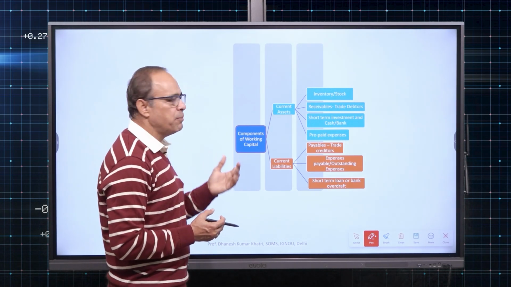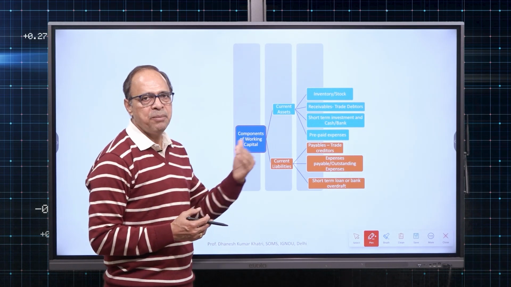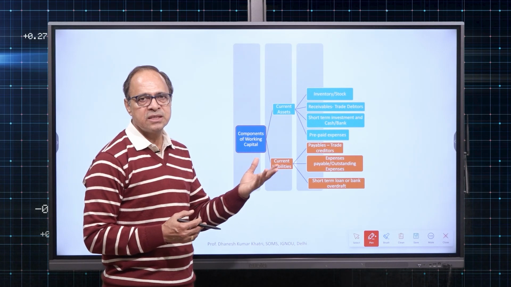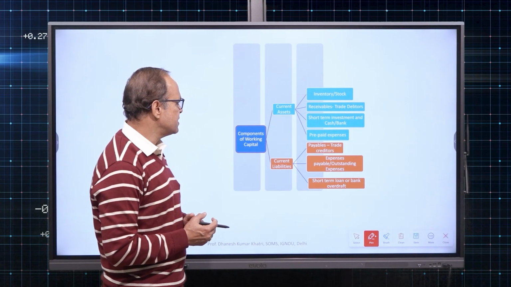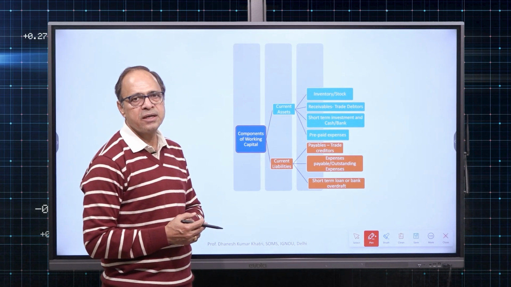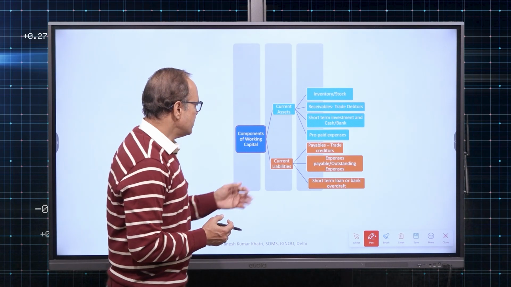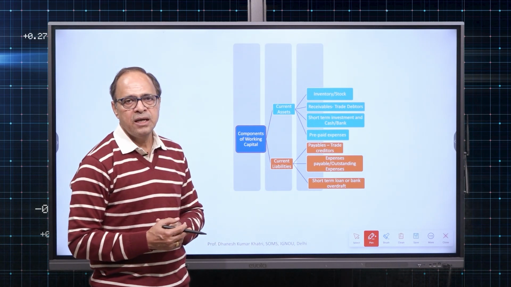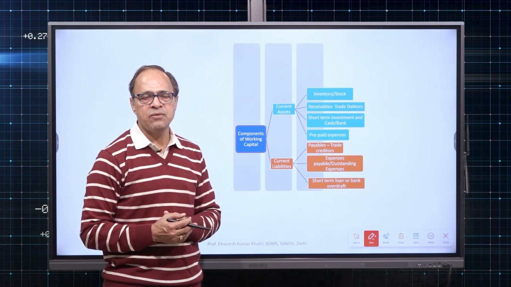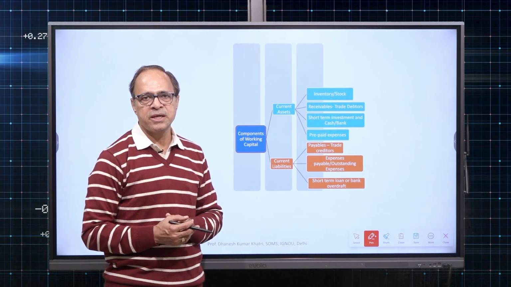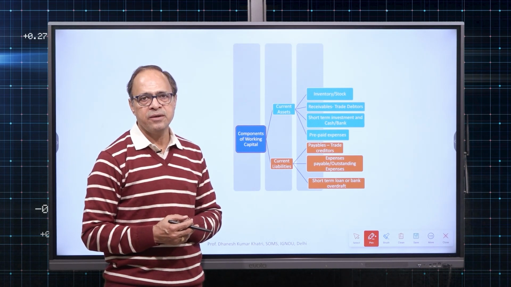And then we have the prepaid expenses, salary paid in advance, rent paid in advance and something like that. All those expenses fall in the category of current assets. Then current liabilities. Liabilities which are to be paid within 1 year or during one operating cycle. So, generally we take 1 year.